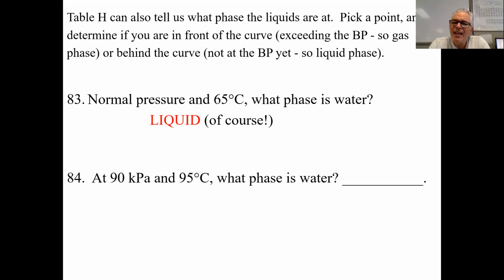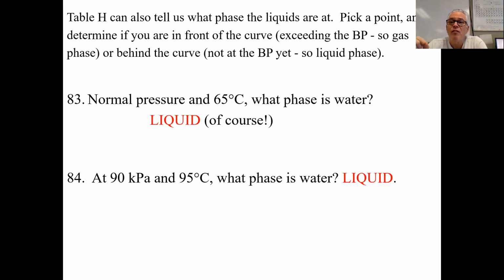What about at 90 kPa and 95? We're getting close to the curve. We got to look. So at 90 kPa and 95 degrees, I'm going to put an arrow that shows this dot because this one's really close. See where that is? I'm actually just behind the curve. I'm close, but I'm not on the curve.